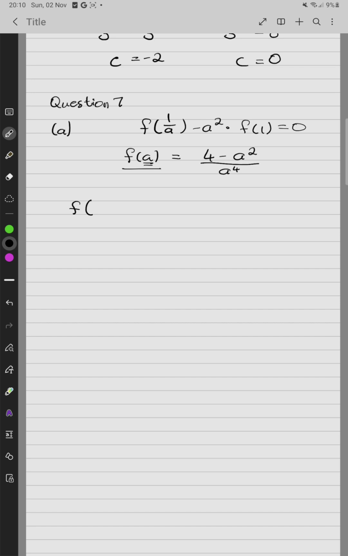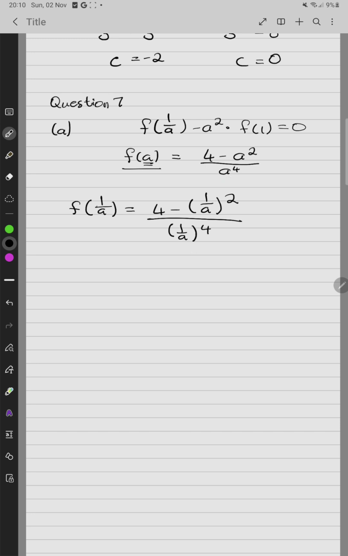So yeah, I can substitute f of 1 over a. That would be equal to 4 minus 1 over a, squared, divided by 1 over a to the power of 4. So wherever I had a, now I put 1 over a.